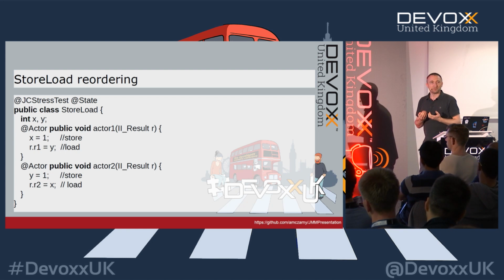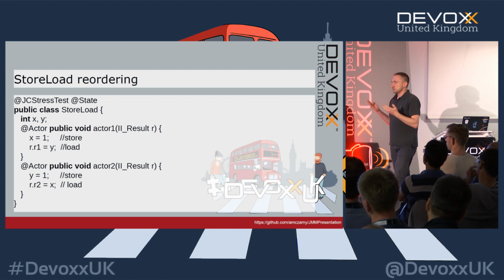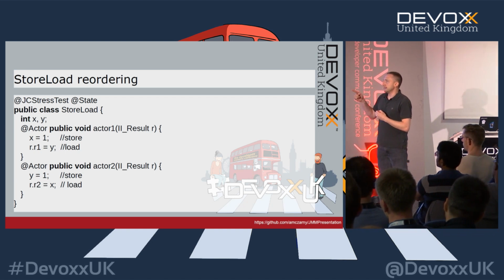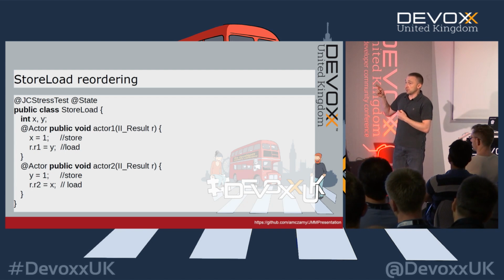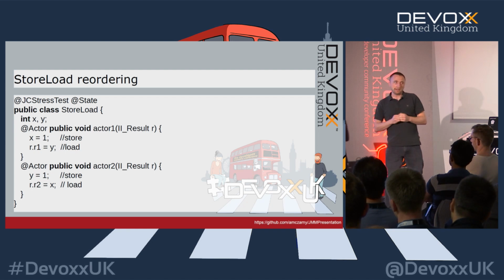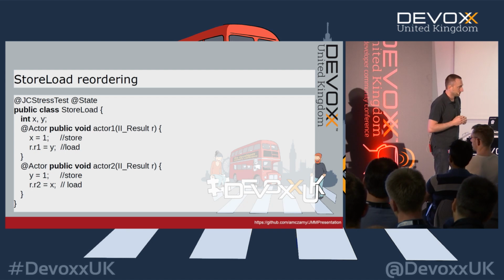What kind of results can we get? Well, if the first actor is executed first, Y is still 0, so we have 0 in R1, and then actor 2 will be executed, so X is already populated, so we have 0, 1. If we execute actor 2 first, then we will have 1, 0.